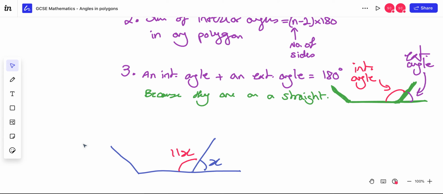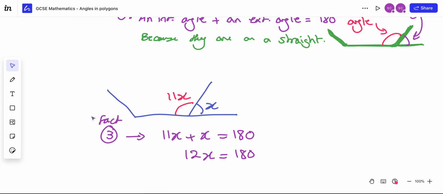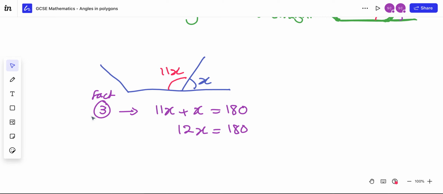From fact number 3, 11x plus x equals 180 because they are on a straight line. Collecting like terms, 12x equals 180, and dividing both sides by 12 gives x equals 15.